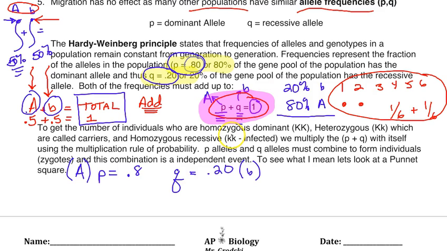How do we get individuals? Well, we need to use the multiplication rule to do this. Now we care a lot about the individuals that are bb because to have the PKU illness, you have to have two chromosomes. Just because we know 20% of the entire population has the recessive gene, that doesn't mean 20% of the people have it.